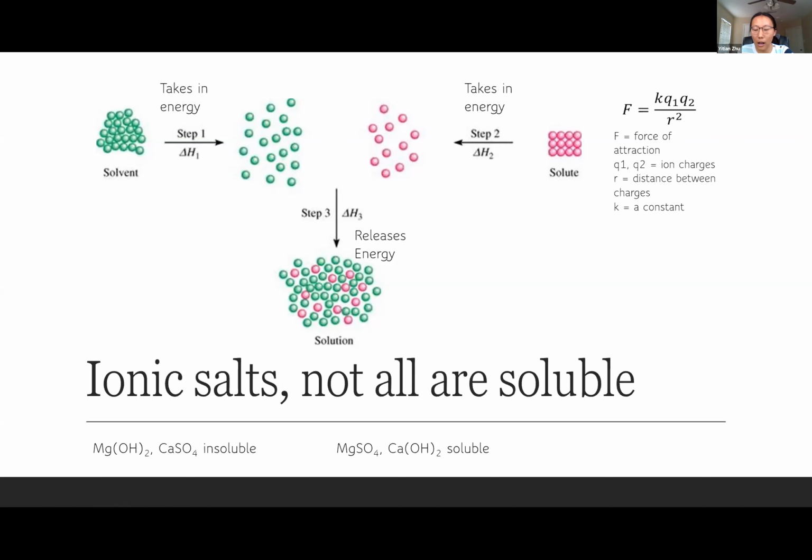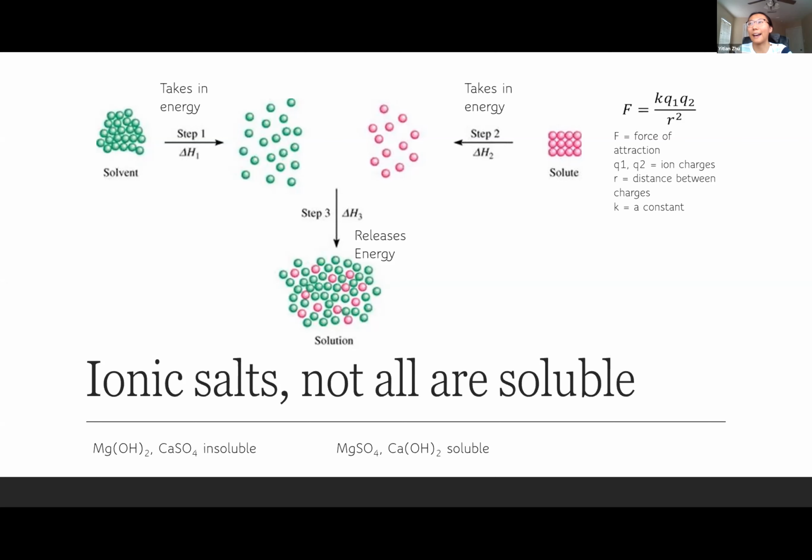But now here's the problem. If the energy released in step 3 is less than the energy taken in step 1 and step 2, then the salt's gonna think, hey, that's not even worth it, I'm just not gonna dissolve.